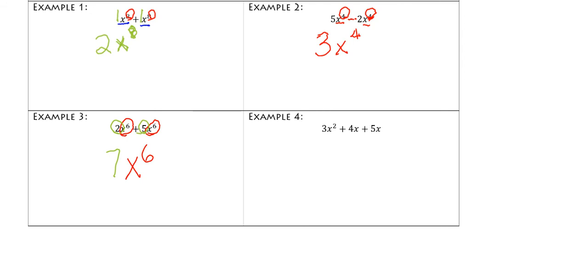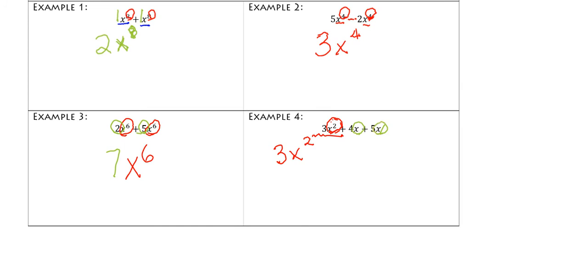Last example 4. So it looks like I have an x squared term. I don't have any other x squared terms. So this term is just going to stay as 3x squared. But then if I look at this, we have an x term and an x term.